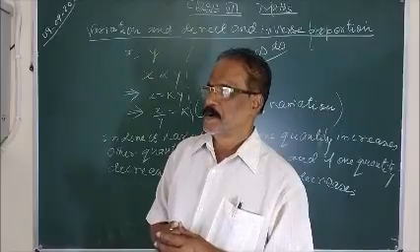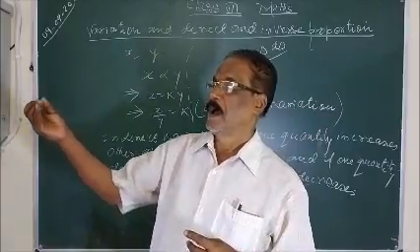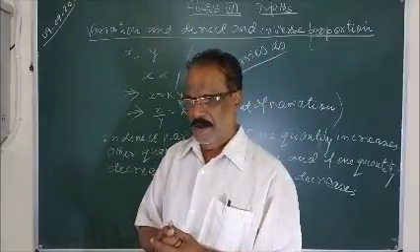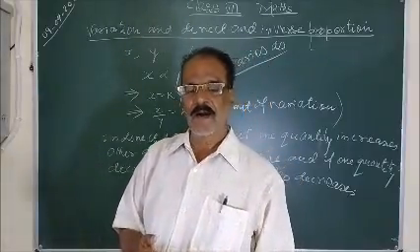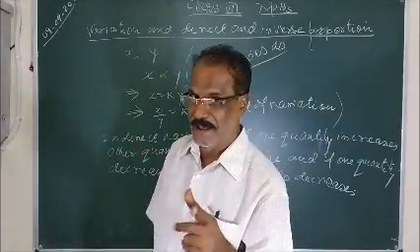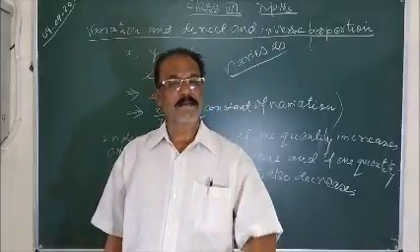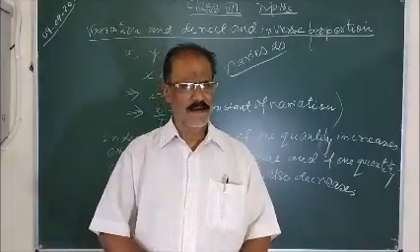Suppose 10 laborers complete a work in 4 days. And if you are employing 20 laborers, will the number of days be less or more? In less days the work will be completed. इसका मतलब क्या हुआ?